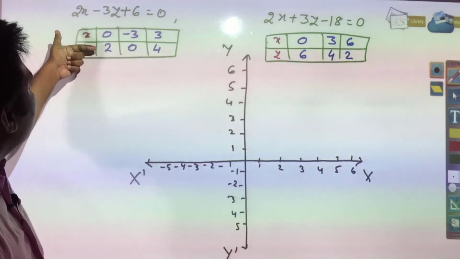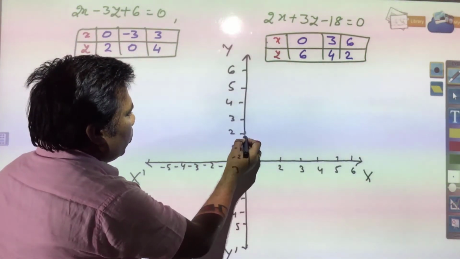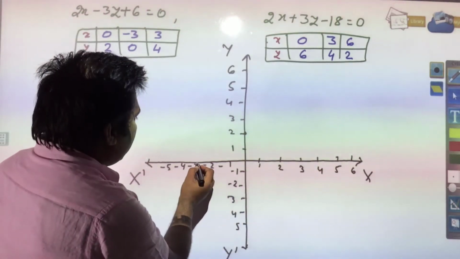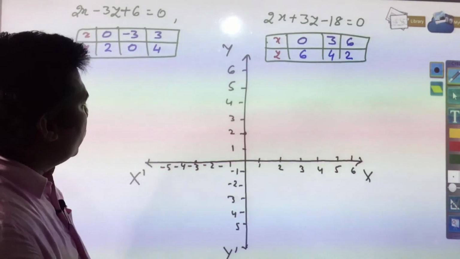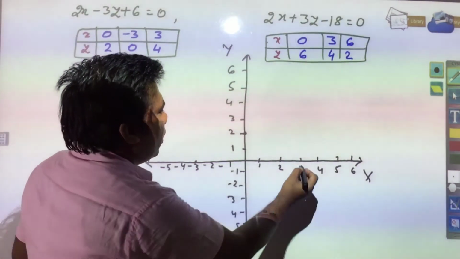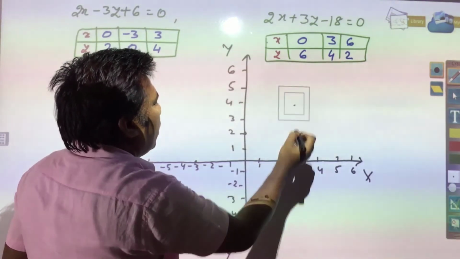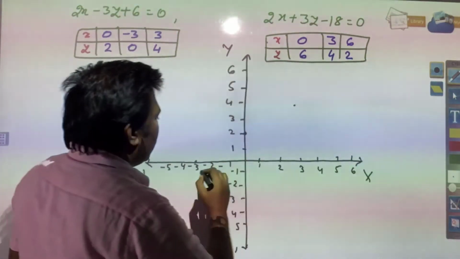You see your coordinates for the first equation: 0 and 2, you have 0 and 2 over here. Minus 3 and 0, you have minus 3 and 0 here, and then you have 3 and 4, you have 3 and 4 over here. Now, you need to join these points with the help of your ruler.